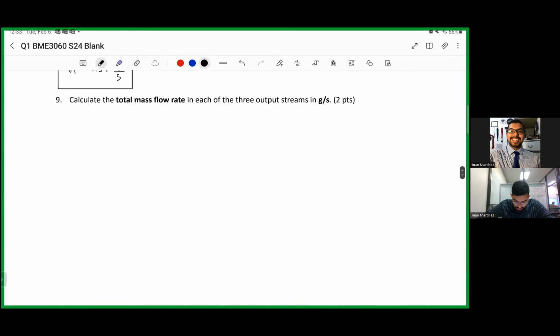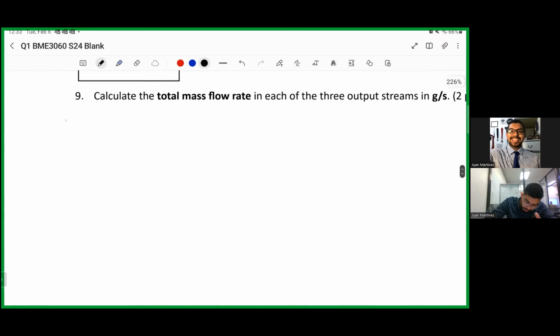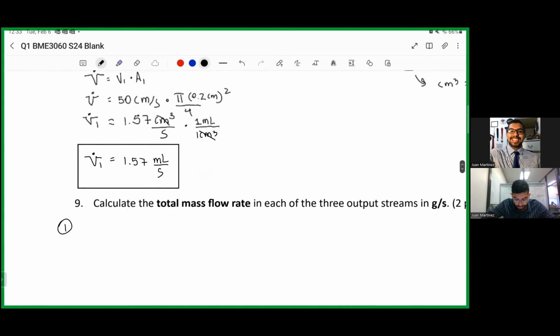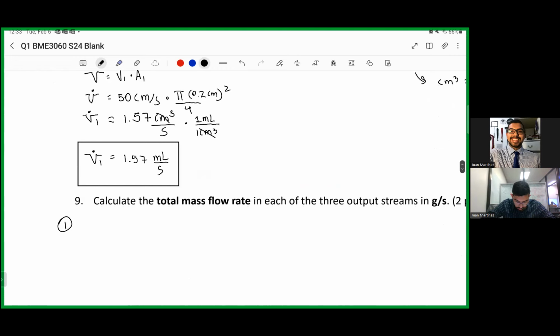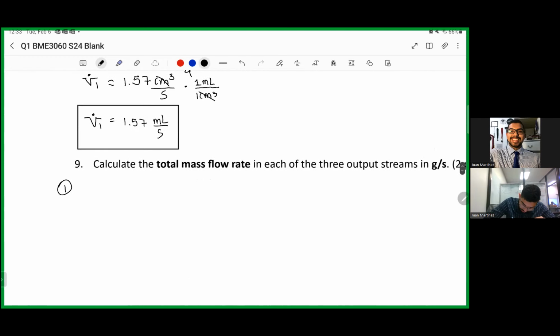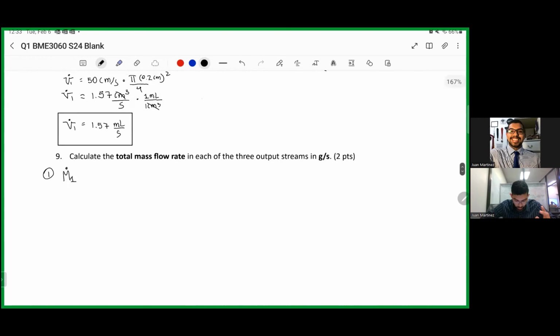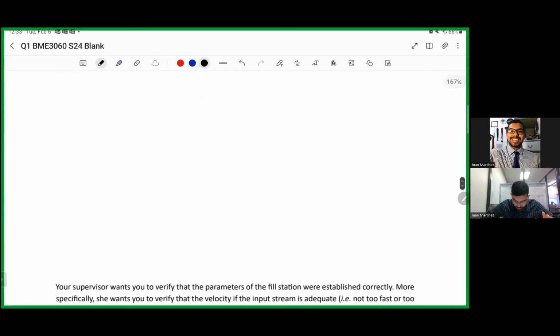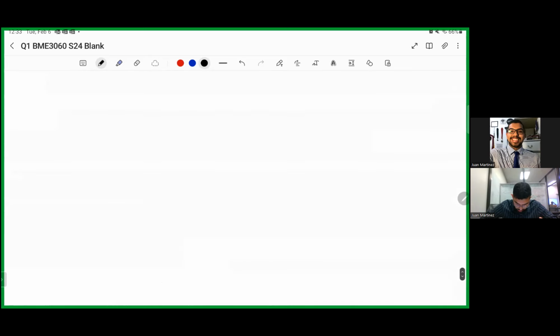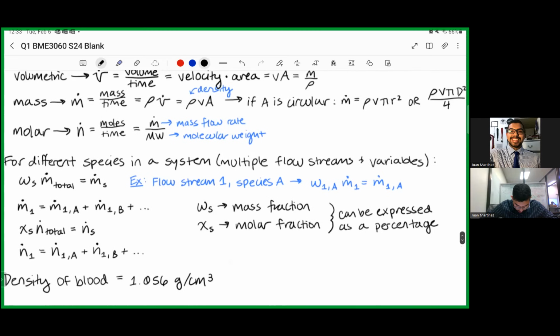Okay, so let's talk about the first step. The first step is to calculate the mass flow rate of the flowing liquid. We already have the volumetric flow rate 1. We want to calculate mass flow rate 1, the input.